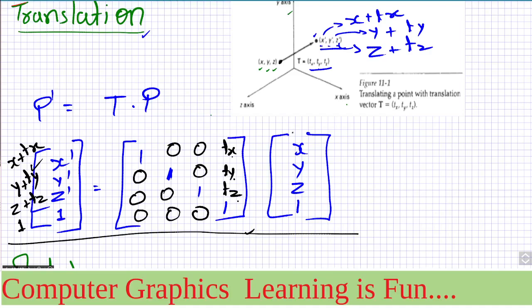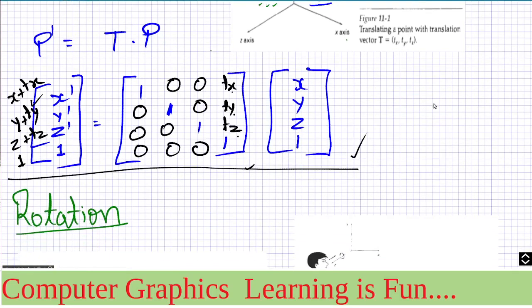Sir, we will perform this translation on each pixel of the object. Yes. So on each point of that object we will perform this operation. All the points will be transformed to a new position. In that way the whole object will be translated.